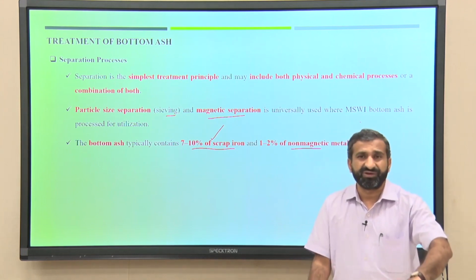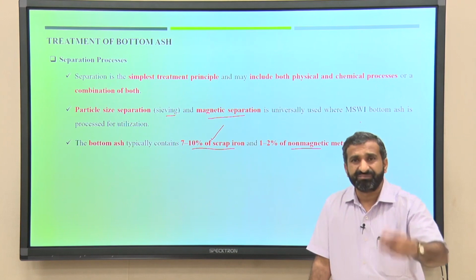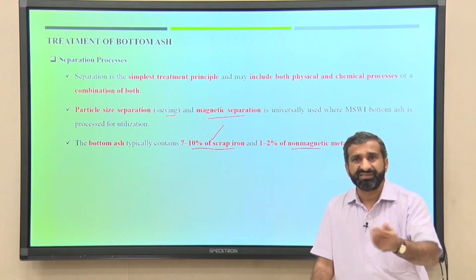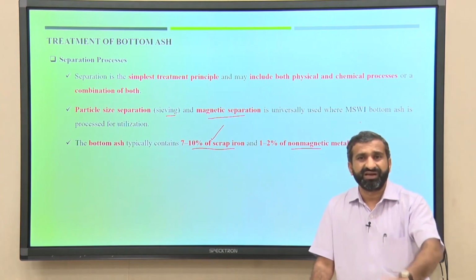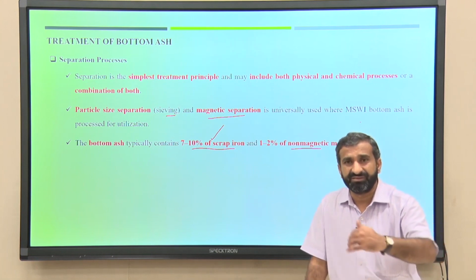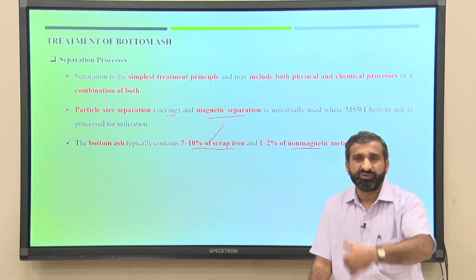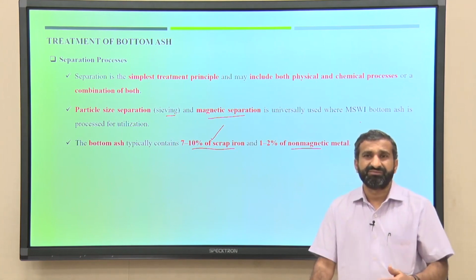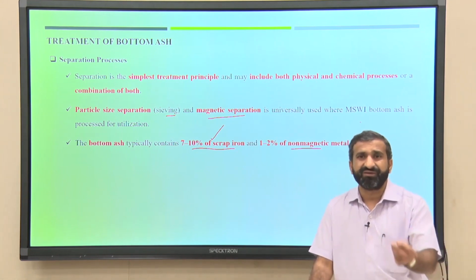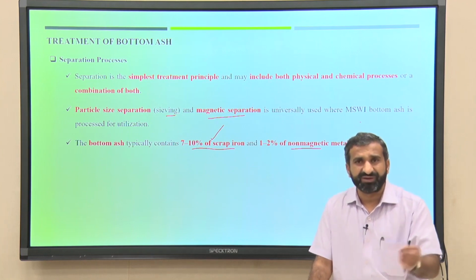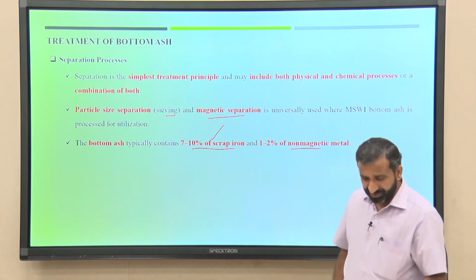If you are planning to use these ashes as aggregate, the size will be different, and if you are trying to prepare brick or mix it into the clay soil to produce fired brick, the size requirement is different. You will require very fine particles for such purposes.